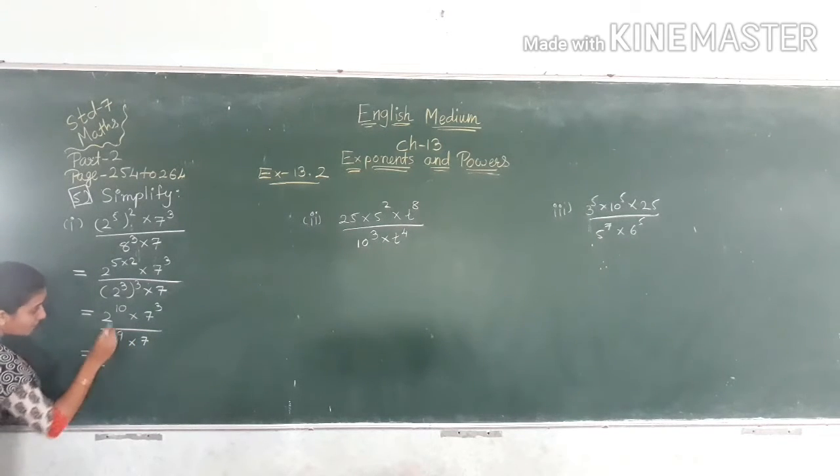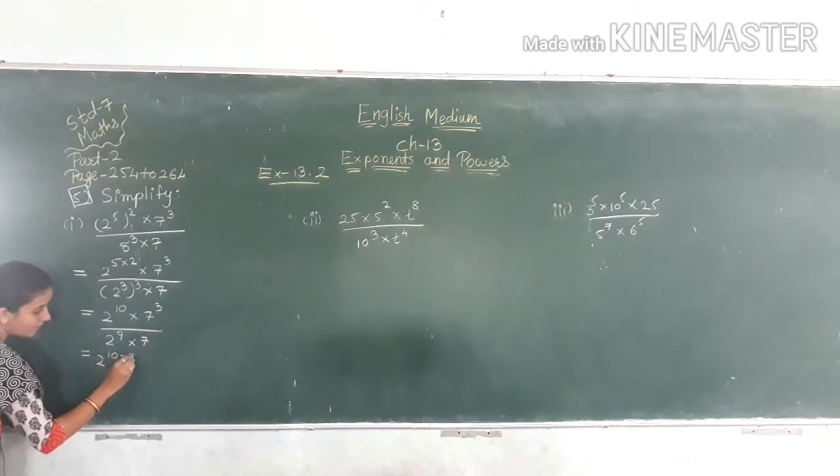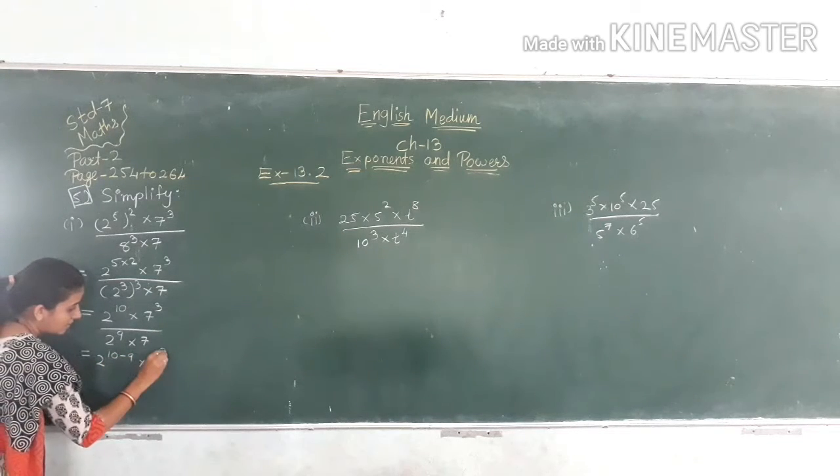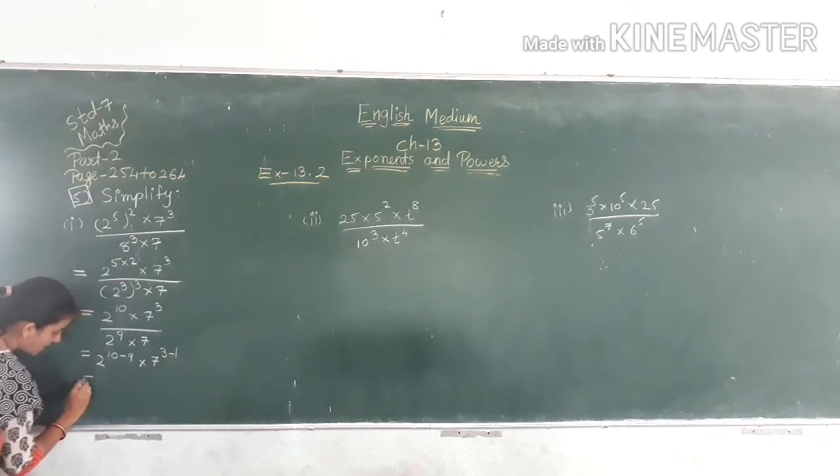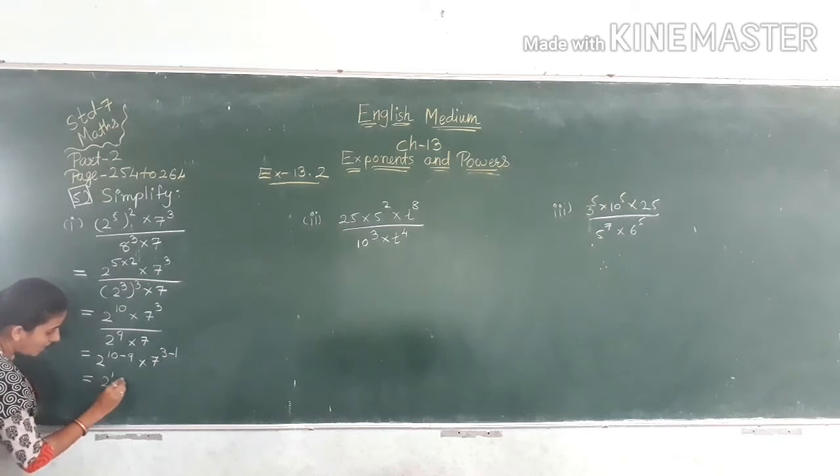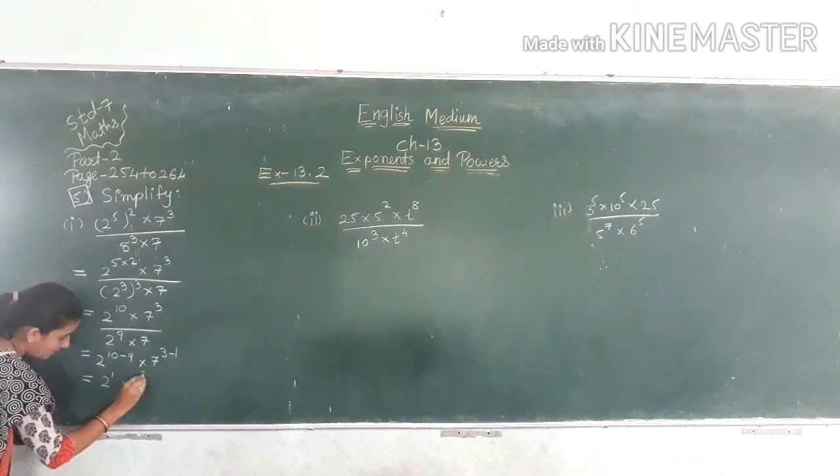Now 2 raised to 10 minus 9 multiply 7 raised to 3 minus 1. Here only 2 raised to 1 multiply 7 raised to 2.